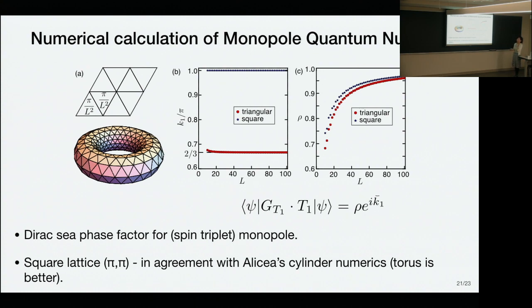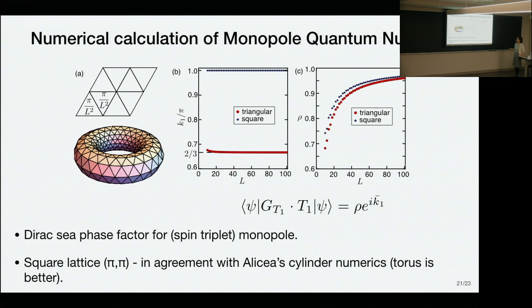To do better, Yin-Chen performed numerics to extract the monopole momentum. Namely, we put the 2D lattice on a torus, ignore the gauge fluctuation, fill the negative energy states and get the ground state. The monopole momentum is given by first translating the ground state and doing an accompanying gauge transformation to restore the mean field Hamiltonian, and then calculating the overlap of the original ground state with the translated ground state.